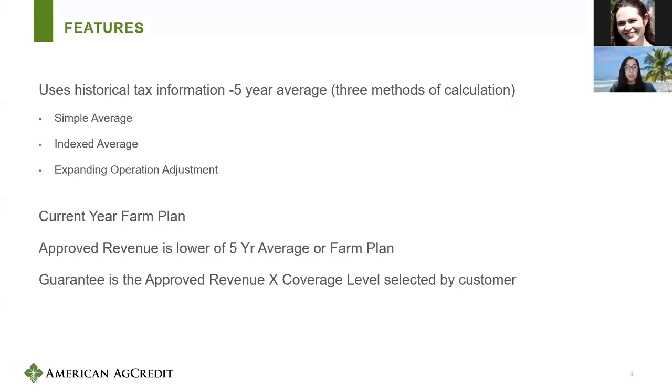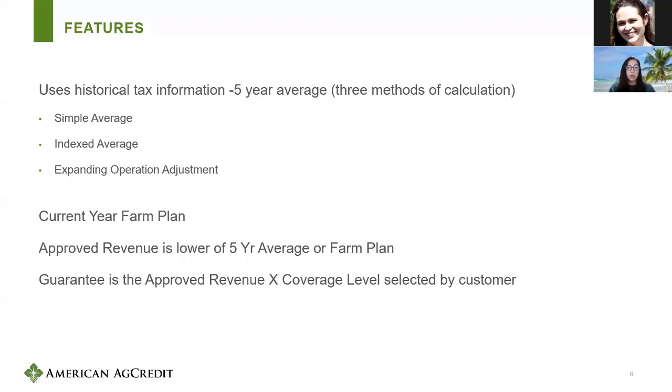And for an expanding operation adjustment, we have to show that there is a true expansion of the farm, whether that be newly obtained land that's been planted or planting a brand new crop that you've not grown before. There has to be an actual expansion.